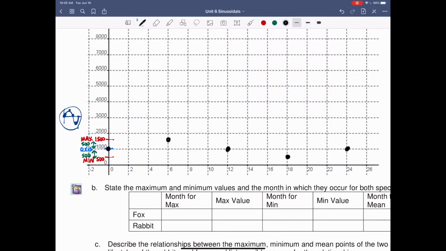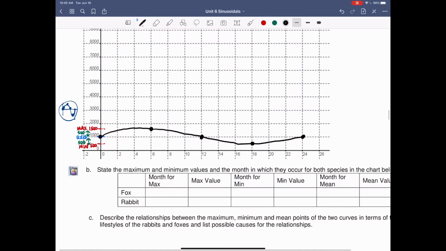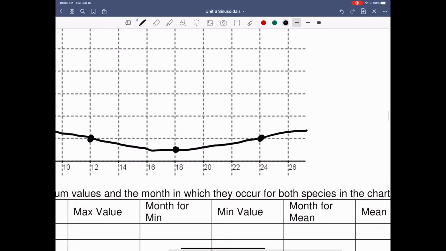What I'm simply going to do is connect the dots and draw it in a curvy manner. You want to try your best to draw it curvy so that it doesn't represent straight lines. I'm going to assume that it continues like the cycle, and I'm careful not to make it reach the max right away.